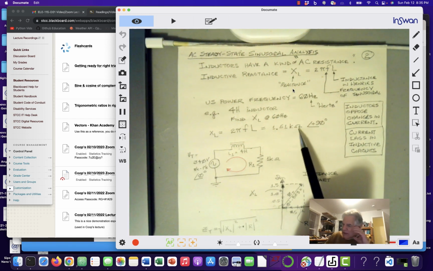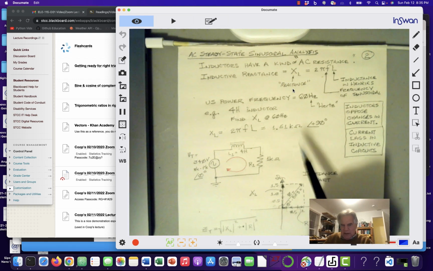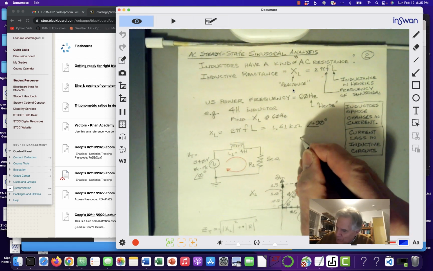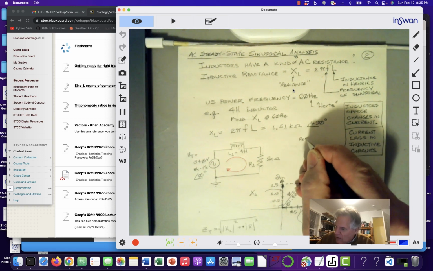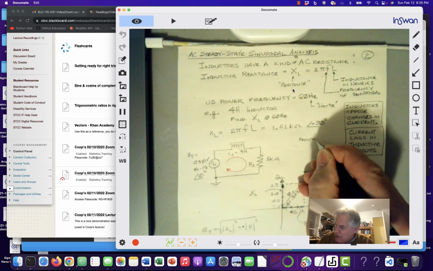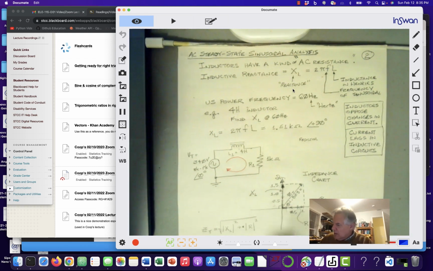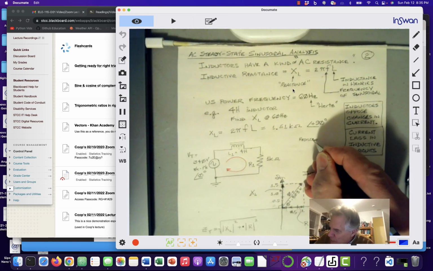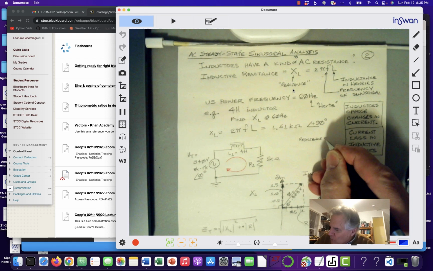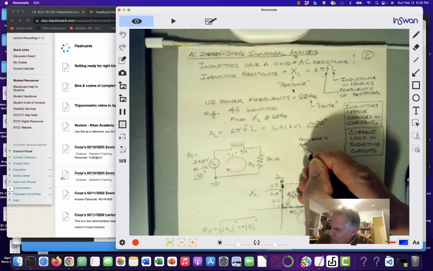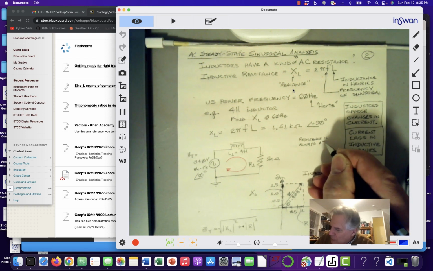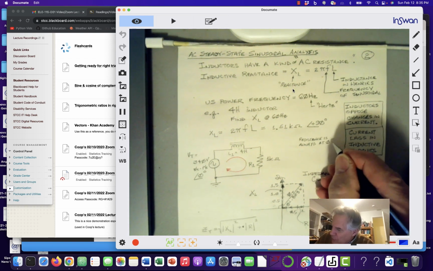Mine came out like 15079, so I called it 1.51 kilo ohms. Now here's the big difference. Resistance, because it doesn't cause any delay or anything like that, is always at 0 degrees.